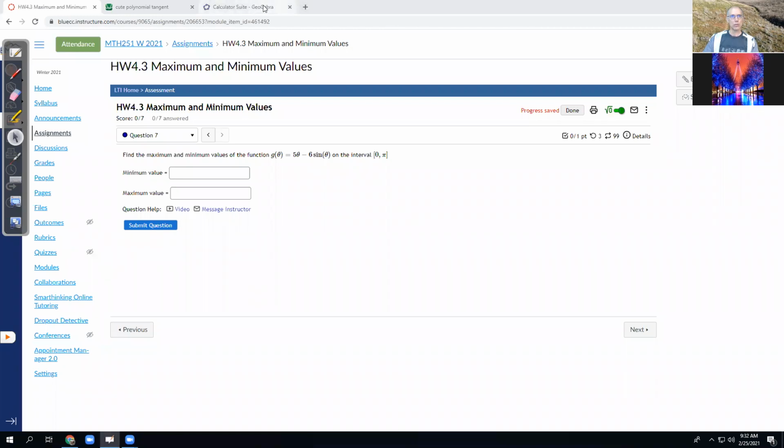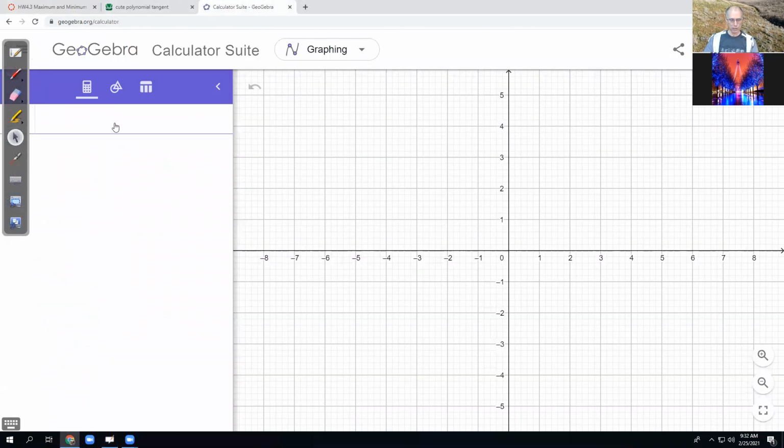And I think I'll switch to GeoGebra just for fun. f of x equals x cubed minus 3x squared plus 3x plus 2. All right, so here's my function.